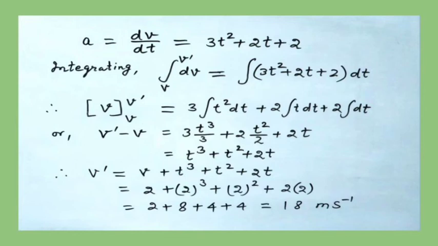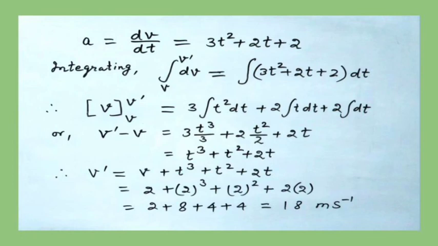Then v with limits v and v dash is equal to 3 integral t square dt plus 2 integral t dt plus 2 integral dt. Integrating each term on the right hand side, we get 3 into t cube by 3 plus 2 into t square by 2 plus 2t.